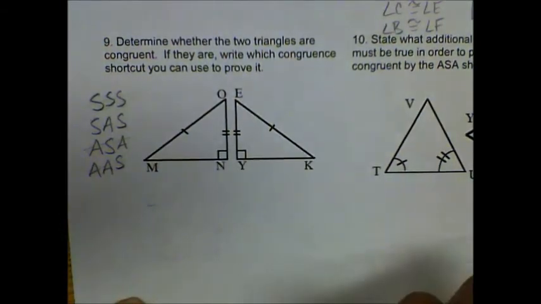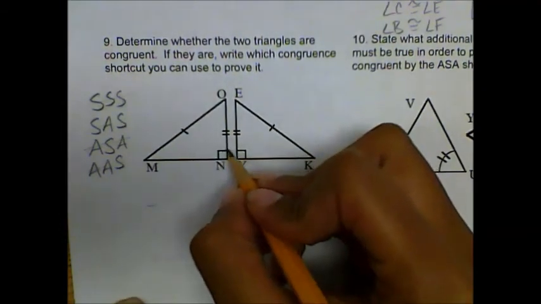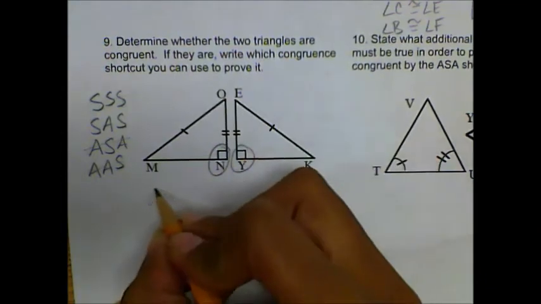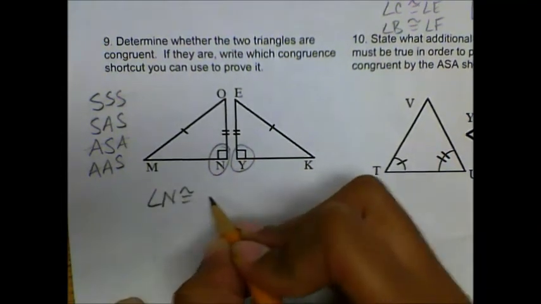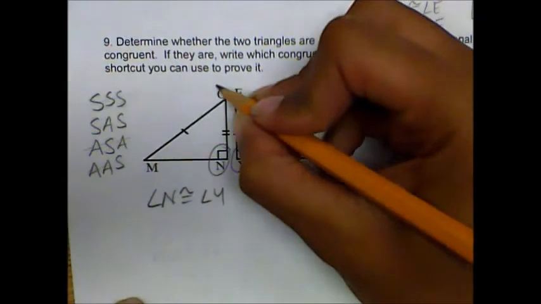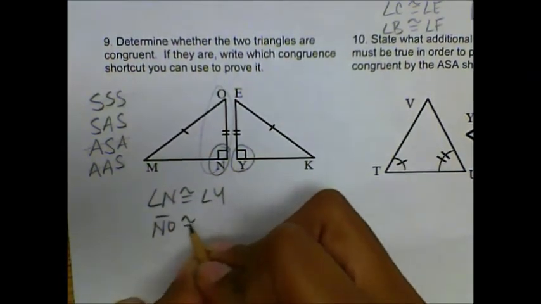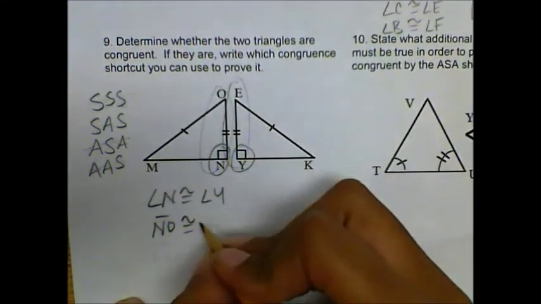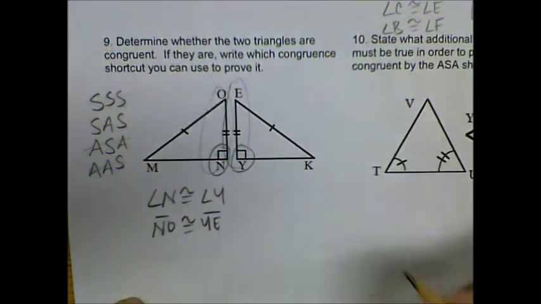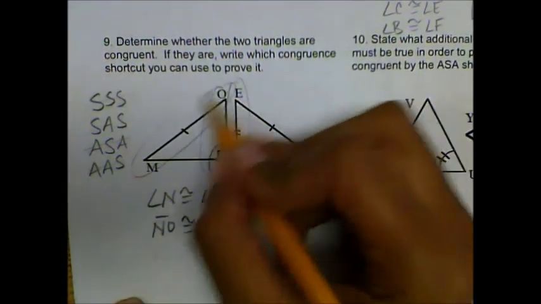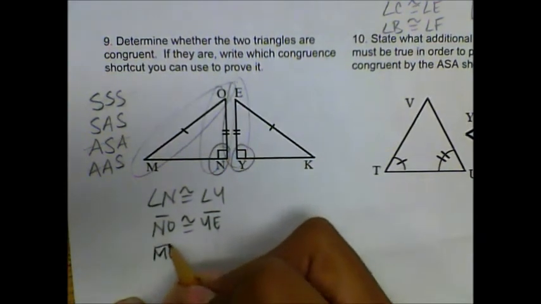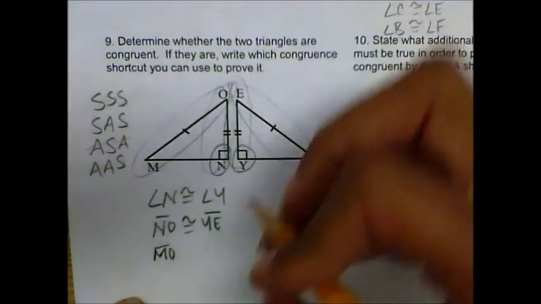Let's look at the information they gave us for both of these triangles. Angle N is congruent to angle Y. Side NO is congruent to side YE, and side MO is congruent to side KE.